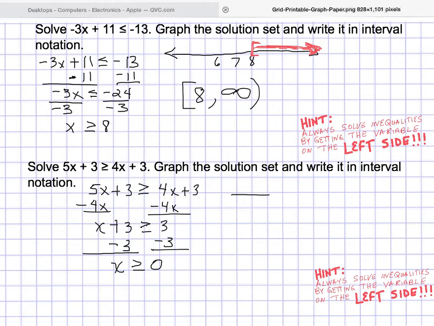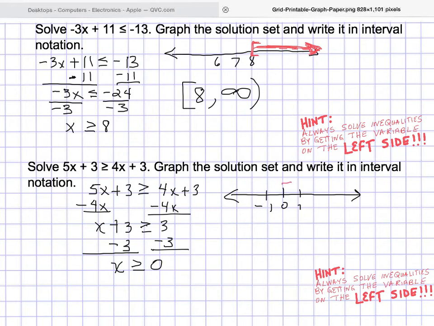On a number line, we have, say, 0 here, 1 here, -1 here. So we want every x that's greater than 0 or equal to 0. So what do we put, a bracket or a parentheses on 0?